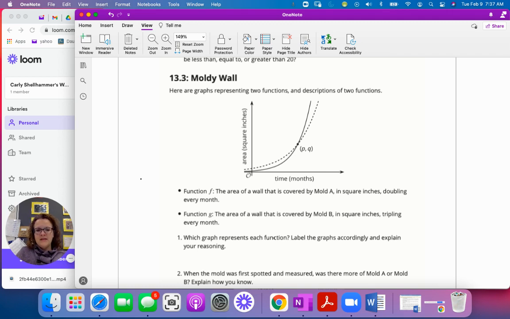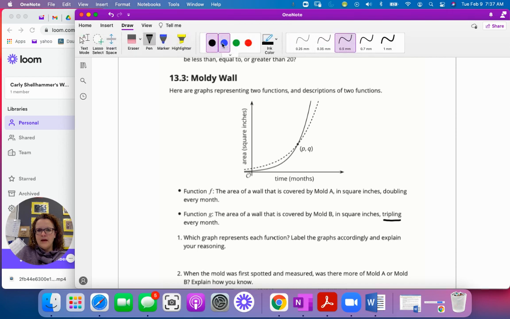Which graph represents each function? Label the graphs accordingly and explain your reasoning. So g is tripling each month, and function f is doubling each month. So g is growing faster.